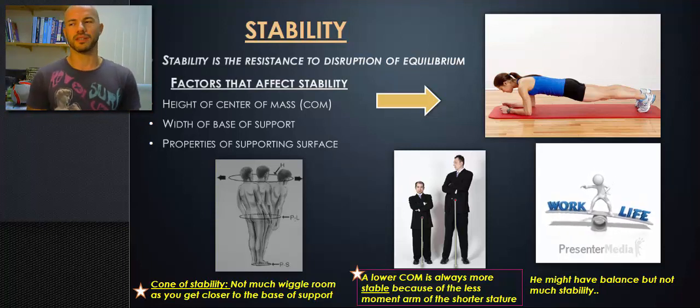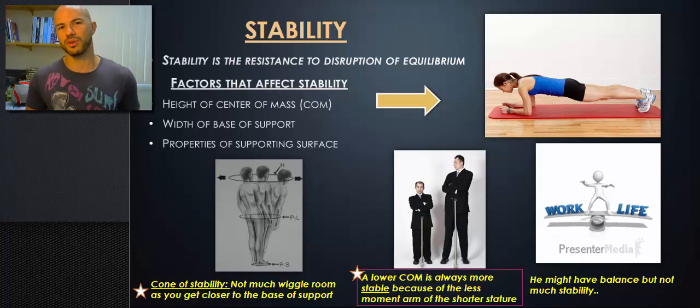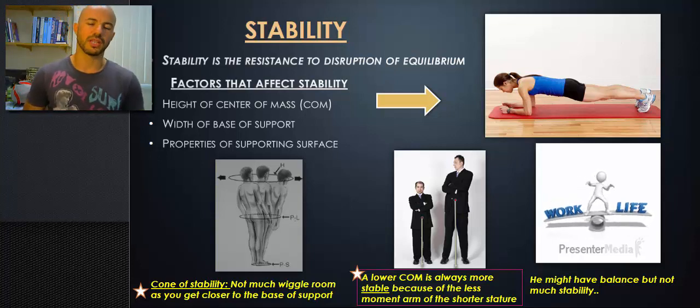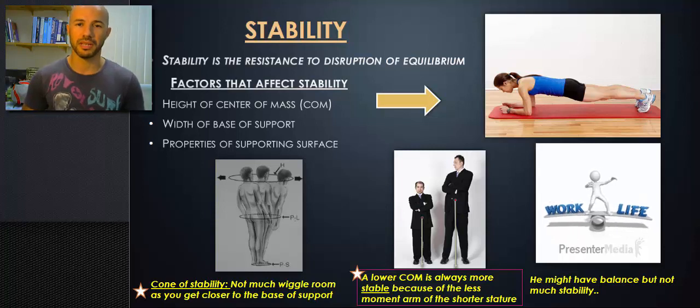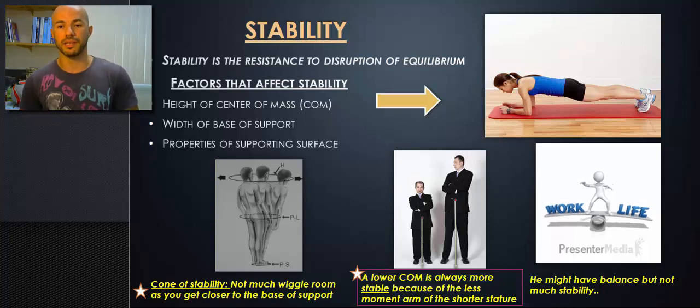There are some factors that affect stability right away. The first one is height. If you're a tall person, because your center of mass is normally high as a consequence of being tall, you're gonna have less stability with the same base of support.